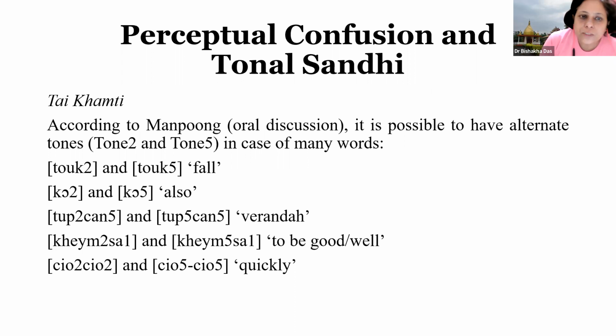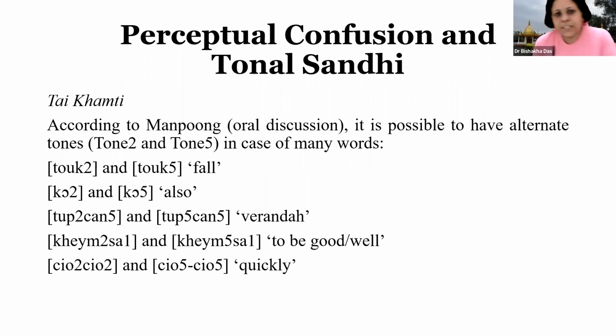Tone 2 is a low tone, and tone 5 is a falling tone. And tok, tok means fall actually, but this can be perceived both as a low tone and as a falling tone.